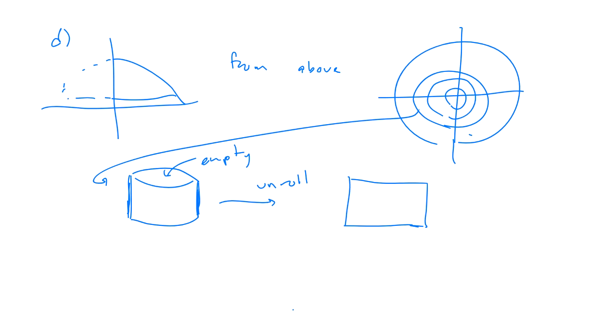I'll put in a little thinness here, but this thinness will become our delta x, which means it'll be the dx. You can see, here's the height, and if this is the radius, I get a rectangle. Then what is the length? It's the perimeter of the circle, so it's 2 pi r.